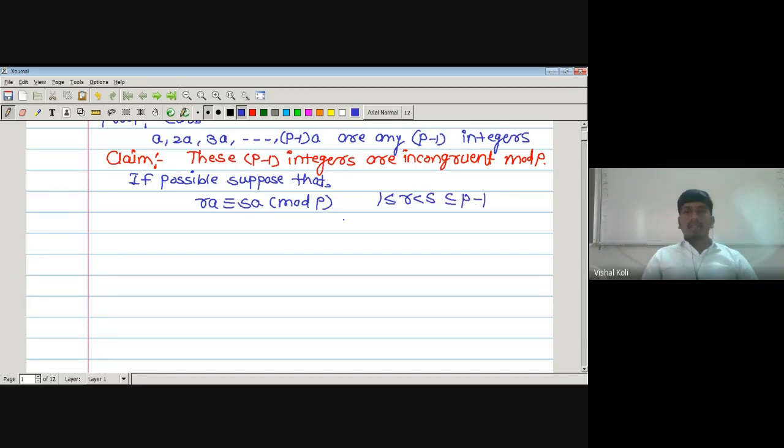That is, R and S are integers among these P minus 1 integers and they are congruent modulo P.